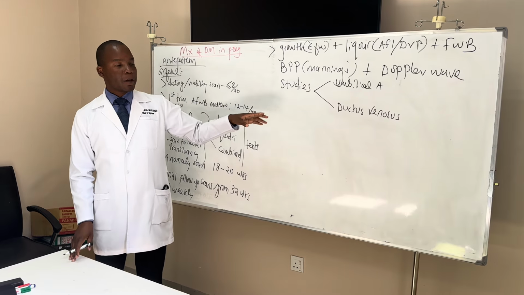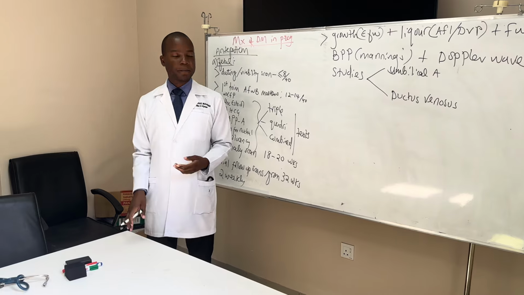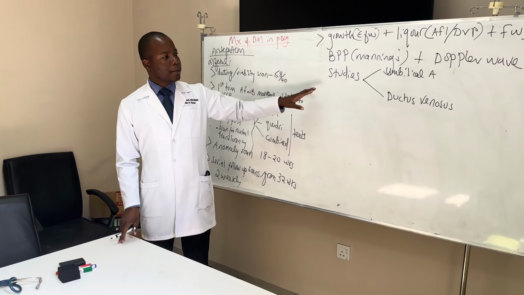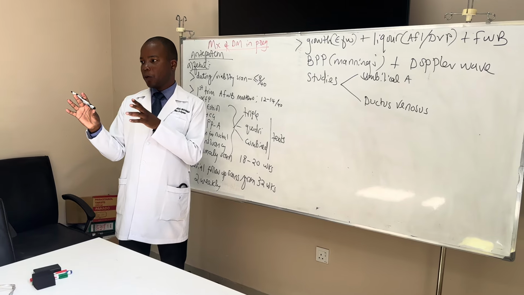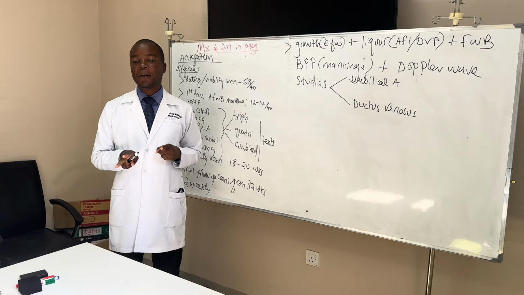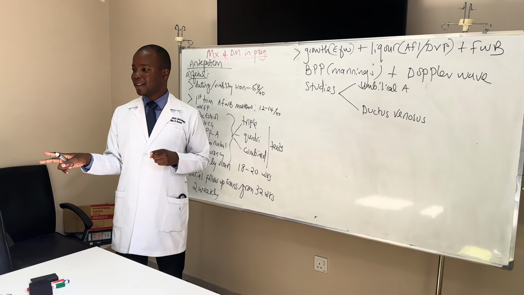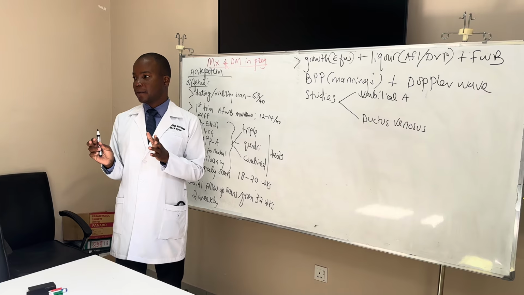Now, of course, we need to look at the fate of these structures after the baby is born. What happens to them? Now, the issue here is, if you wanted to know what is happening to the baby, which of these two is important? Is it the umbilical vein feeding the baby, or the umbilical artery which is discharging from the baby? Which one can give you a better outlook of how the baby is behaving?